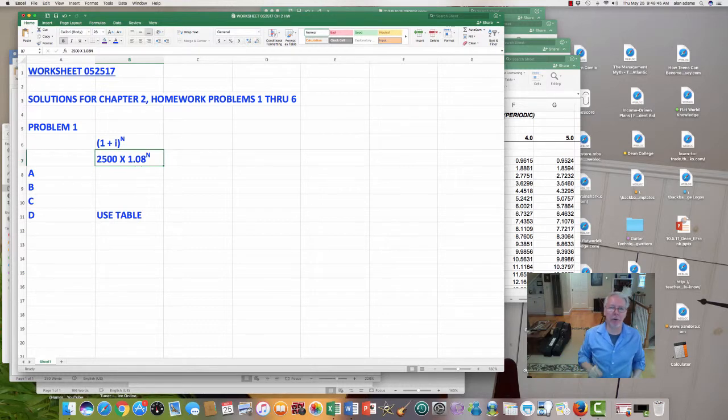In the order of operations in mathematics, we always do powers, exponents, before we do anything else, okay? And of course, if I wanted to take everything to the nth power, I would have put it in parentheses, 2,500 times 1.08. So there's a little review of order of operations. Always apply the exponent to the interest factor and then multiply that whole thing times the $2,500, okay?